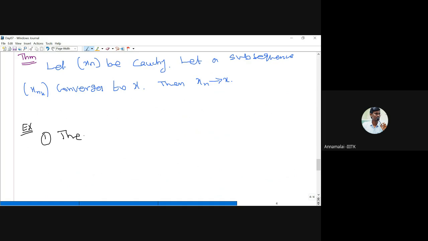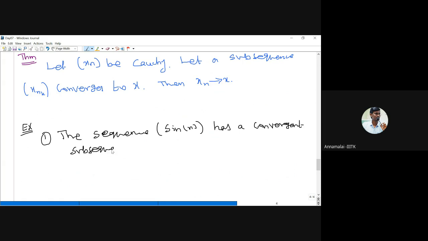So the sequence sin n has a convergent subsequence. The sequence sin n is divergent, but it has a convergent subsequence. Why?